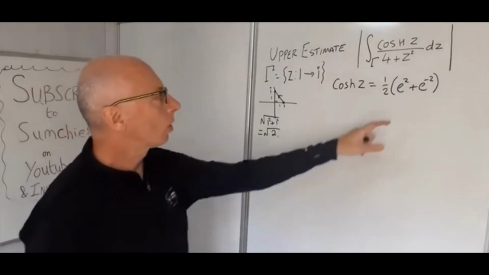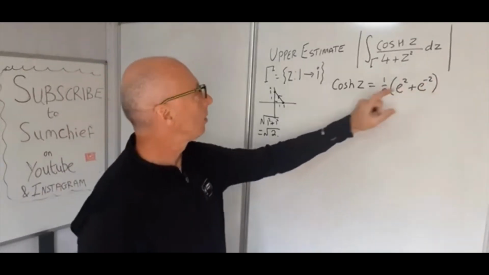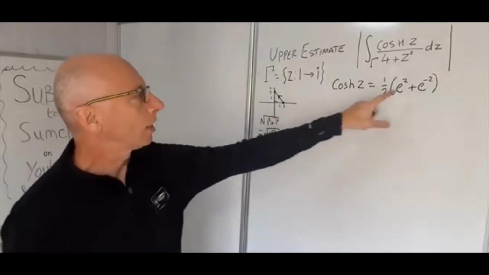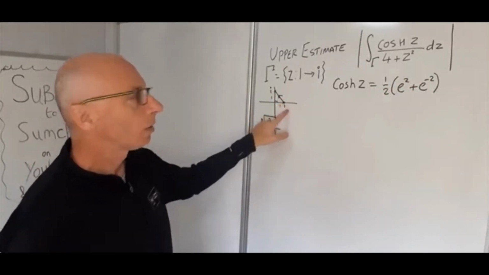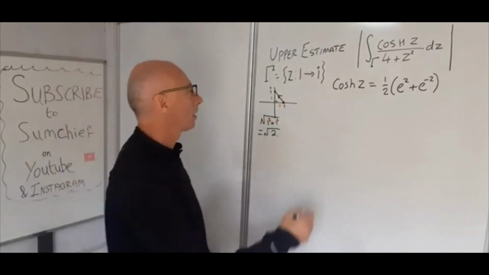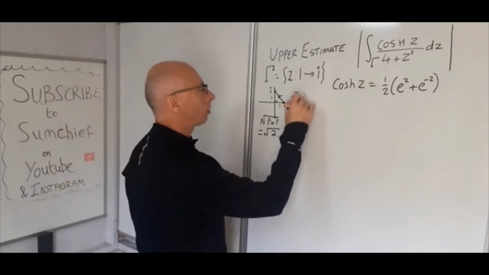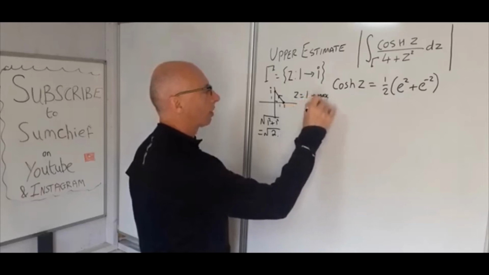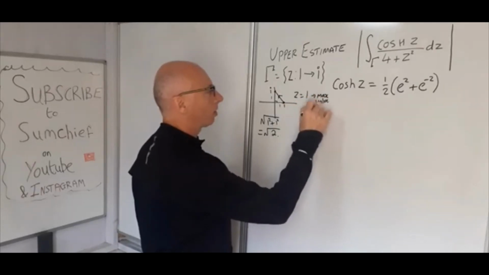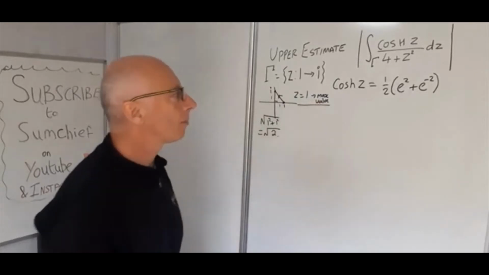So working with these z values, what's the maximum value z can be anywhere on this line integral? Well, the maximum value of z is going to be 1, isn't it? So z equals 1. That is our maximum value. Let's just put that down for a start.